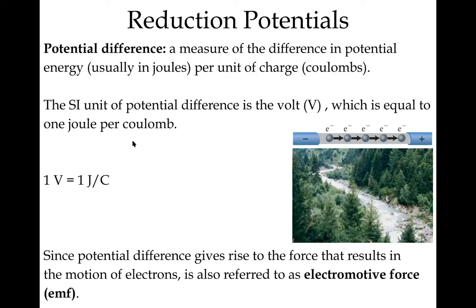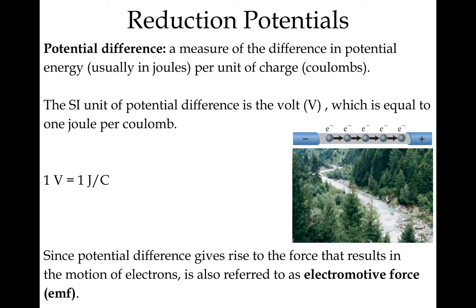All right. And since the potential difference can lead to a force that will cause electrons to move, we also refer to this as electromotive force, or EMF. Okay, so several different ways of calling the same thing, right?